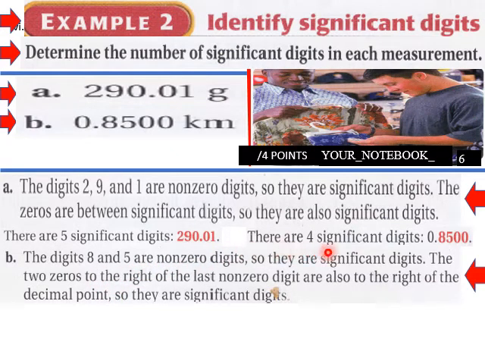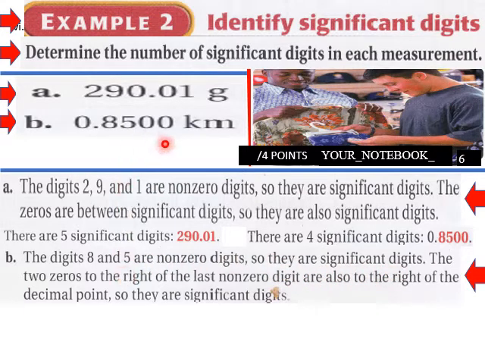And then part B here, 0.8500 kilometers. There are 4 significant digits in this number here, 0.8500. The digits 8 and 5 are non-zero, so they are significant digits.